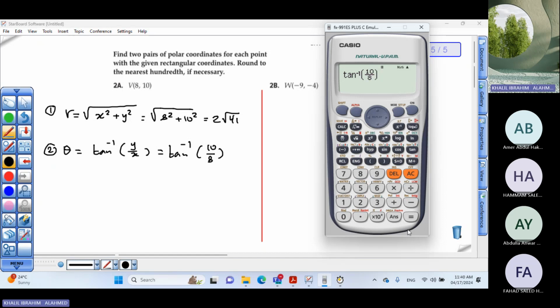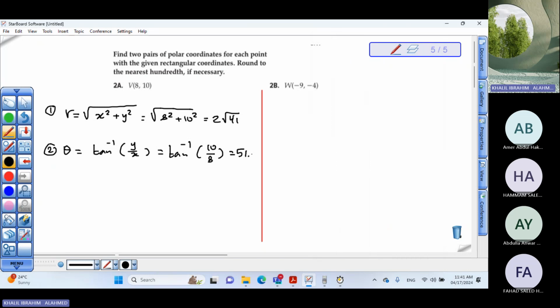The answer is 51 degrees, maybe 51.3 degrees. Exactly. This is the first representation: 2 radical 41, 51.3 degrees.